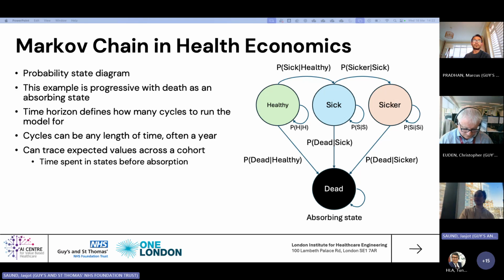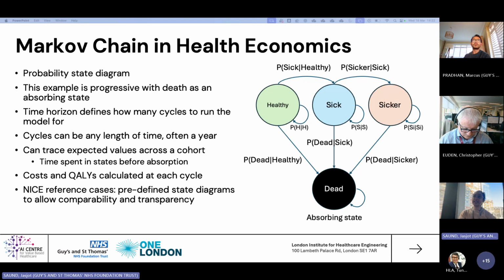If something's quite acute, you might want a shorter cycle length. Then you trace the expected values across the cohort. So you can say, okay, in year 1, this many people were healthy, sick, or dead. In year 2, and then each year you calculate who is predicted to be in what state. And this is where you can calculate your costs and qualities at each cycle level.